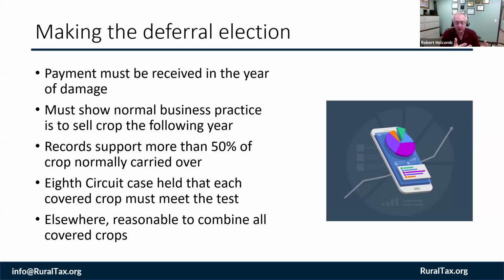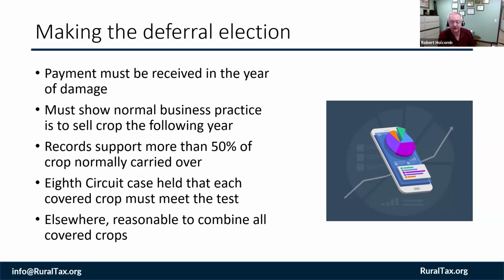The Eighth Circuit Court of Appeals includes Minnesota, the Dakotas, Nebraska, Iowa, Missouri, and Arkansas. It's that upper middle to mid part of the country. Within the Eighth Circuit Court of Appeals is where this court case was, and the focal point of the court case was that we have to look at each individual crop.